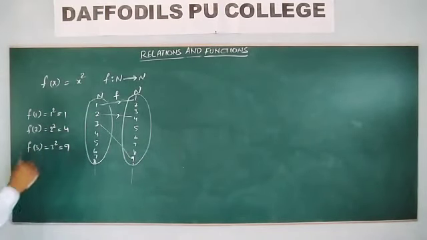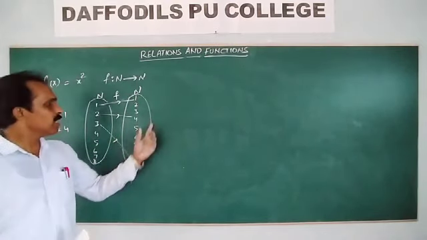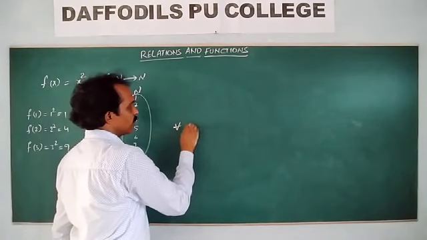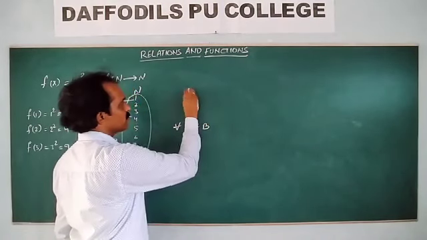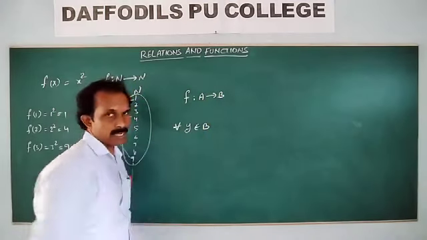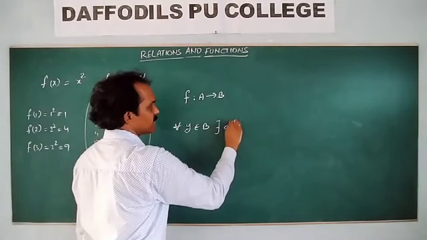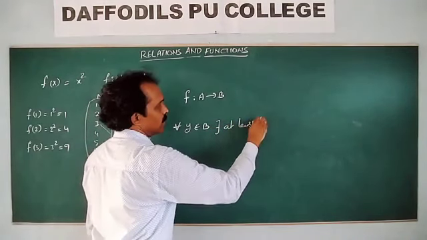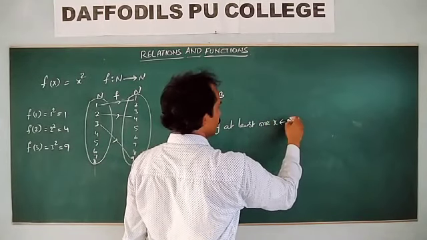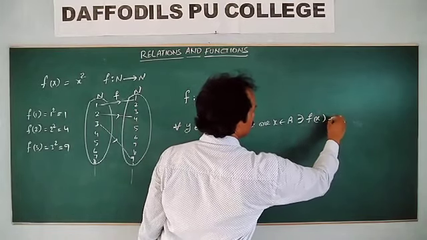So one-one is satisfied. What is an onto function? For every element of the codomain, where f maps A to B, domain and codomain, there exists at least one element in A such that f of x is equal to y.